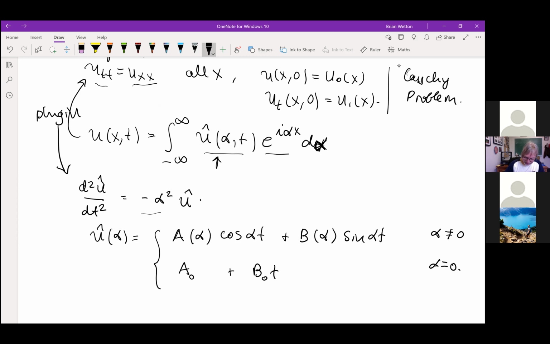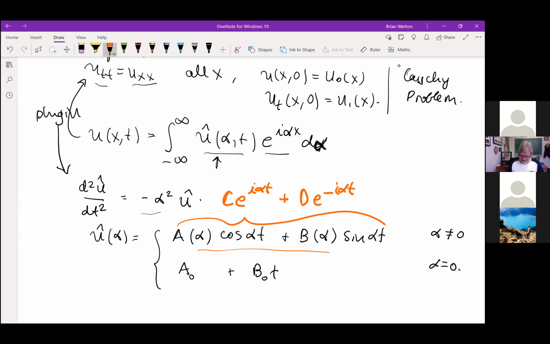Okay, and of course, what we know should come out of this is D'Alembert's formula. So if I wrote this in complex notation, so I had c e to the i alpha t plus d e to the minus i alpha t. And if c and d are complex conjugates of each other, then you end up with this form, and there's a relationship between the real and imaginary parts of c to a and b, right? So it's an equivalent form.